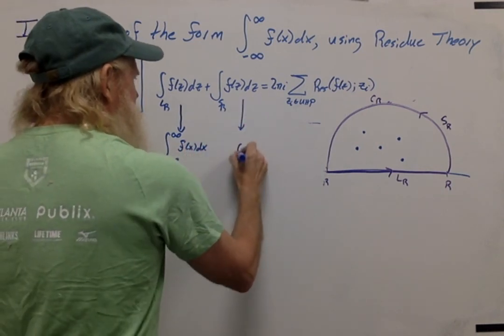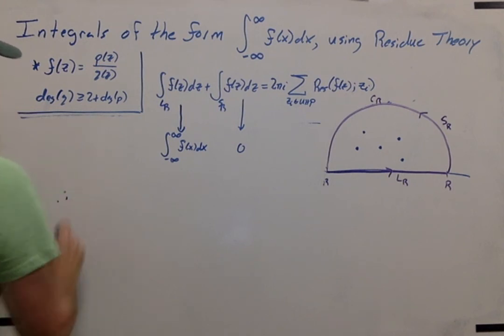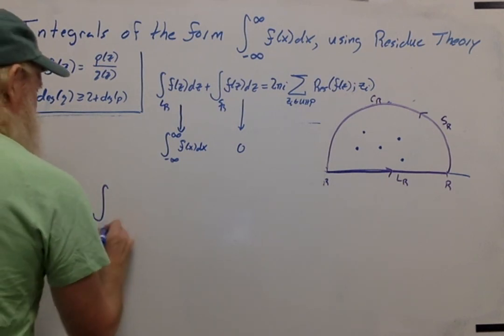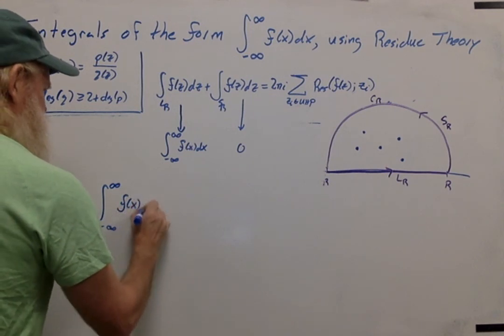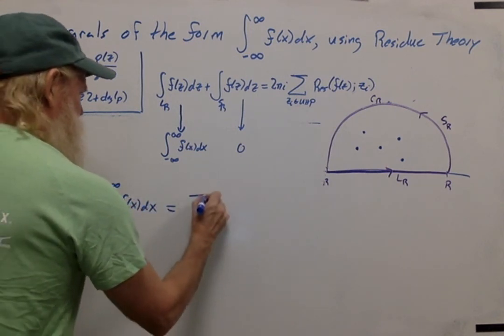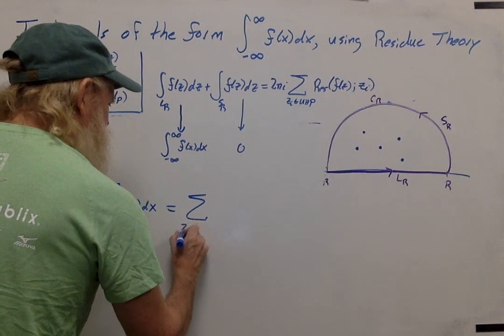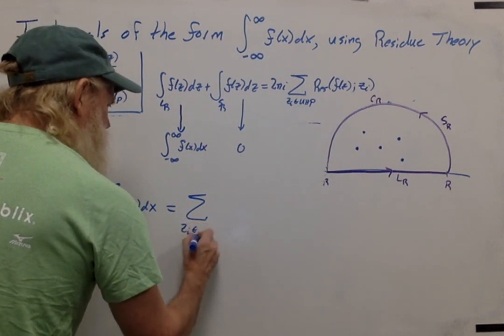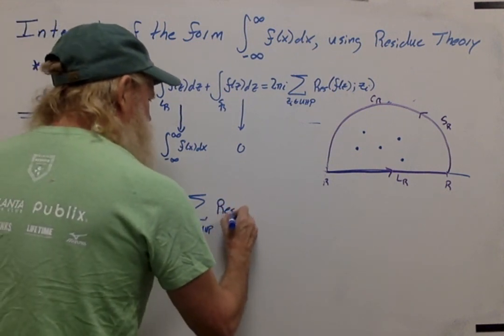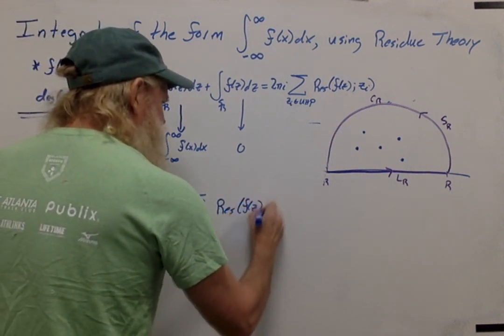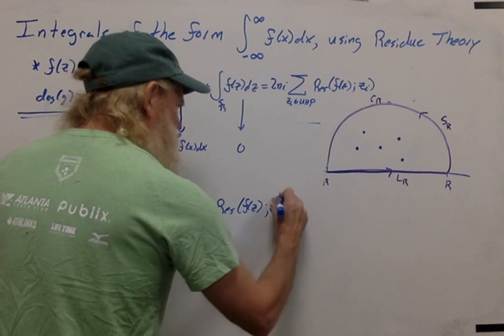And the second one becomes 0. So the big conclusion is that the integral from negative infinity to infinity of f of x dx is equal to the sum over all the poles in the upper half plane of the residues of f of z at those poles.